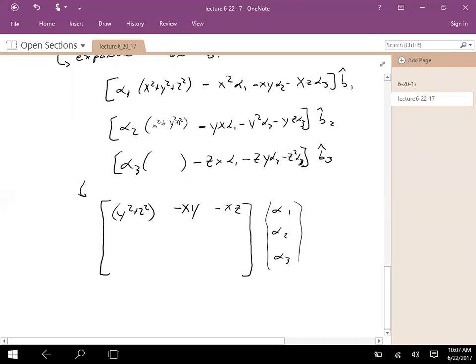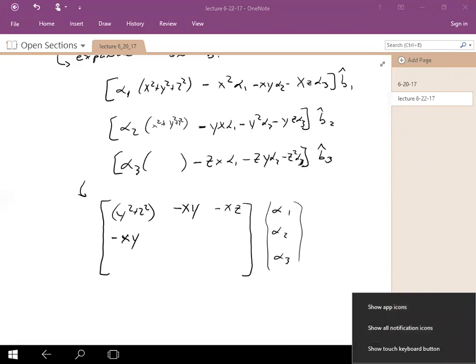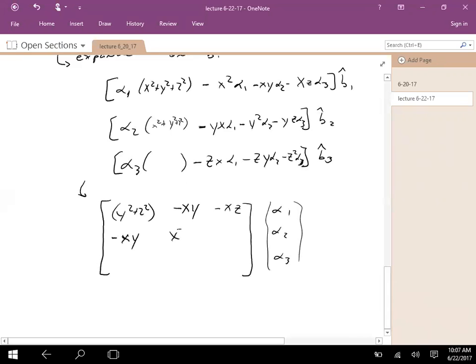All right, next row. The alpha 1 term is again a minus yx or a minus xy. The coefficient of the alpha 2 term is minus y squared plus x squared plus z squared, so I guess it's x squared plus z squared. And then the third term would be minus zy or yz.